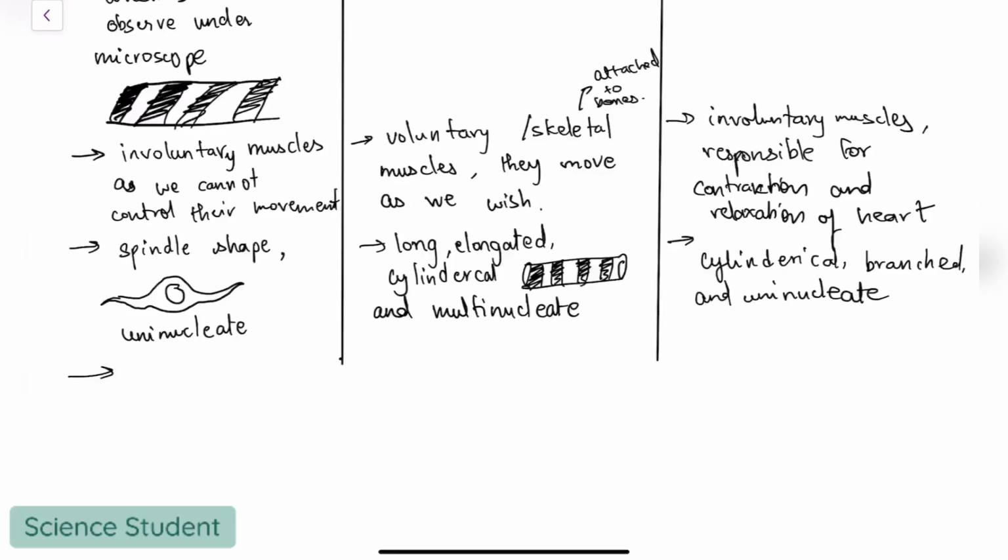Smooth muscles are mainly found in alimentary canal, eye, in the ureters, and in the bronchi of lungs.